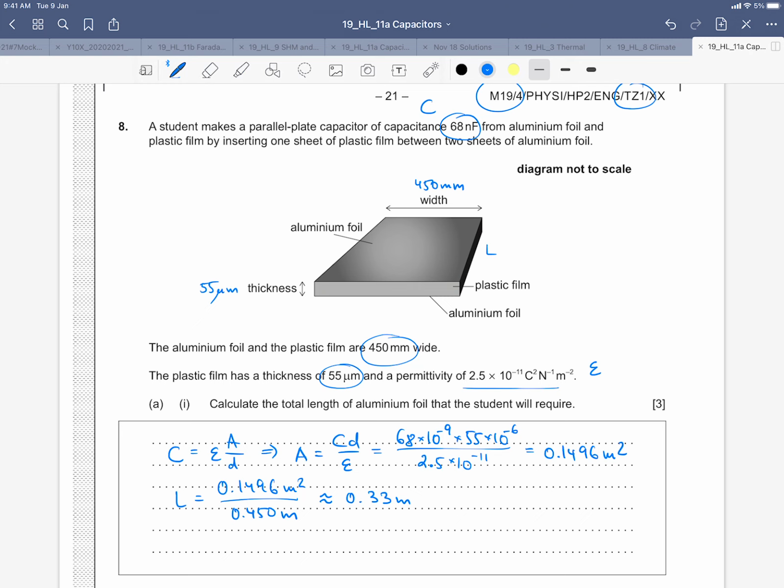So that is 1 length, but we need 2 of those sheets, so the total length is going to be 2L, which is around 0.66 meters. Okay.